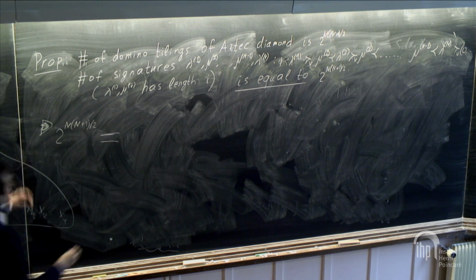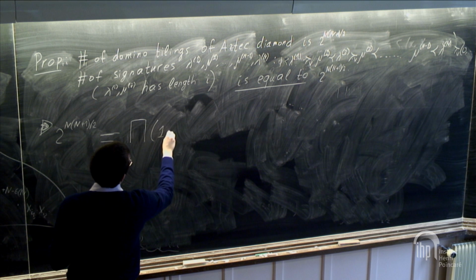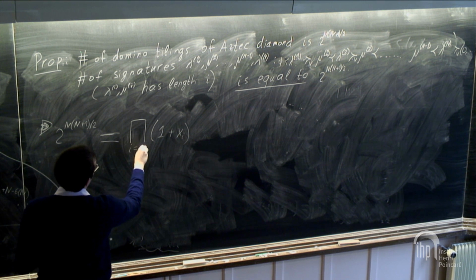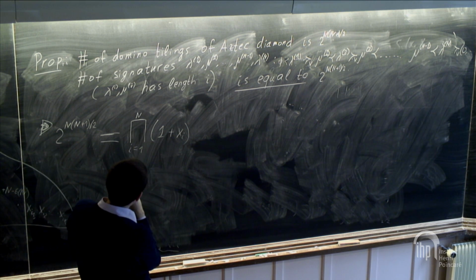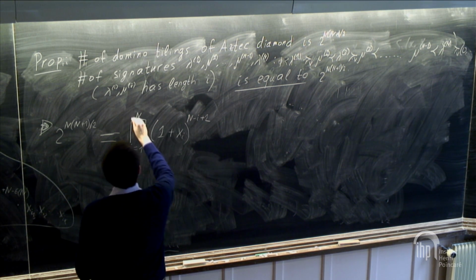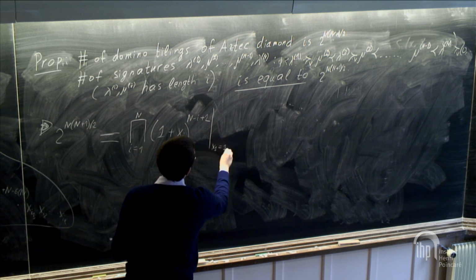Then I want to write this number as a product of 1 plus xi, i from 1 to n, with some power, probably n minus i plus 1, and then x_i equals 1.